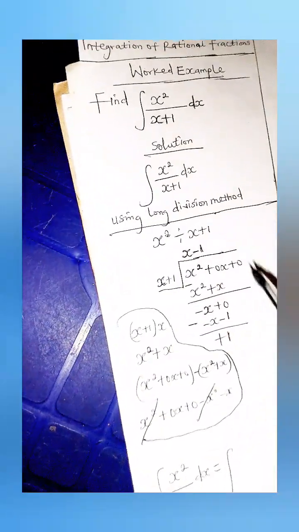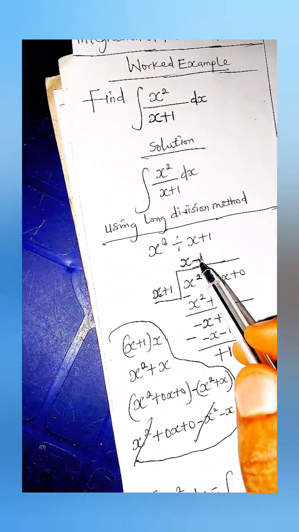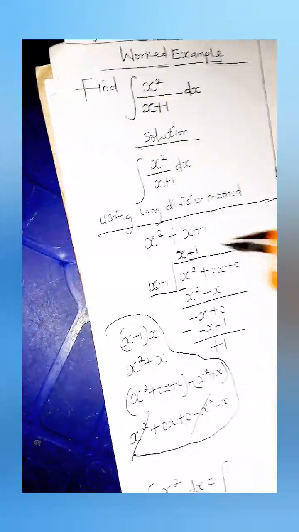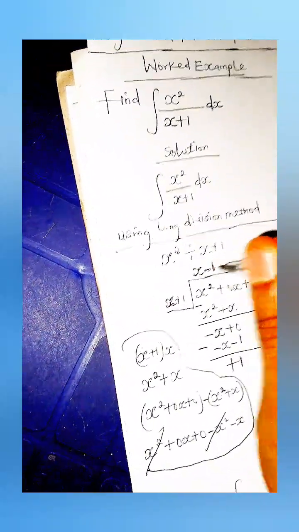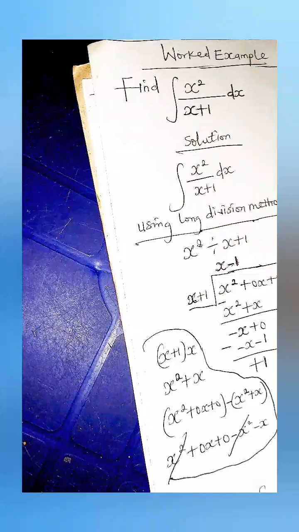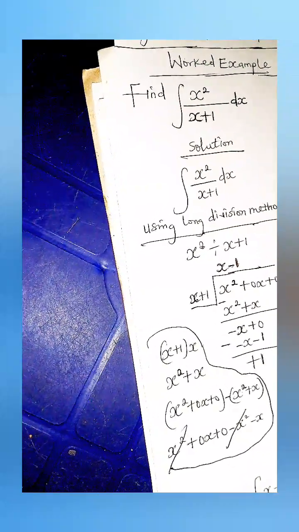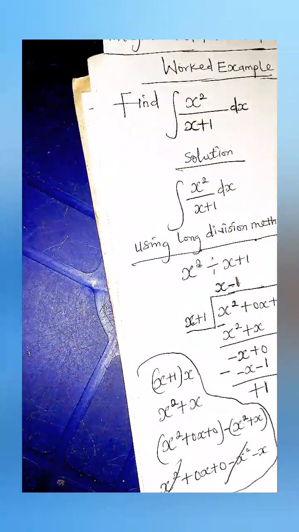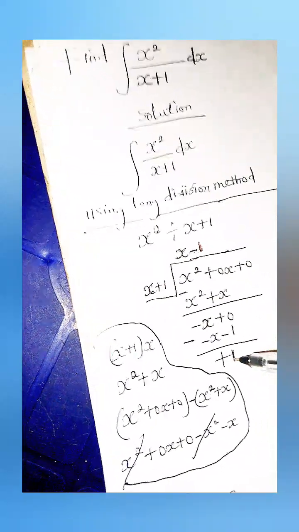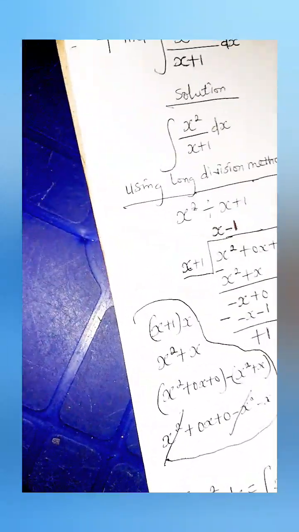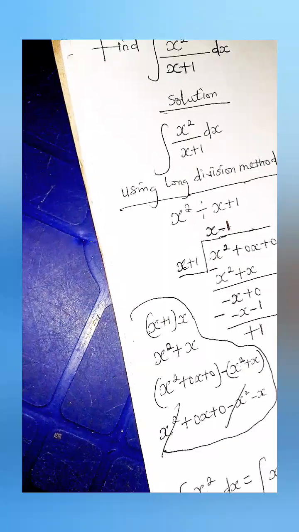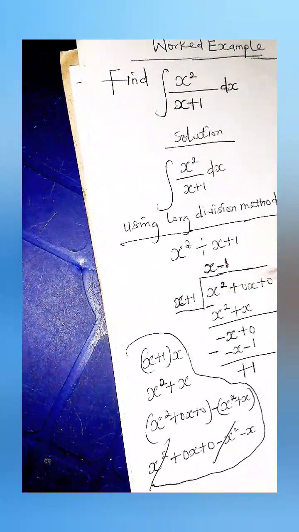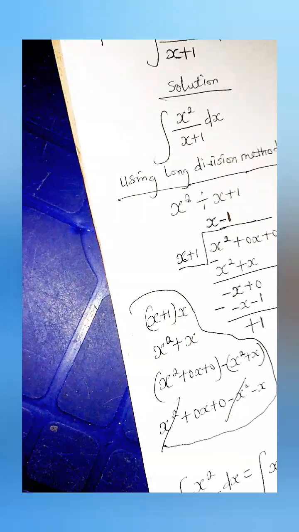We are going to have this s minus 1, which is called our quotient. So we are going to pick the quotient first. We are going to say s minus 1. Then the next thing we are going to pick is our remainder. Our remainder is what? Plus 1. Plus 1 over our divisor, which is s plus 1.